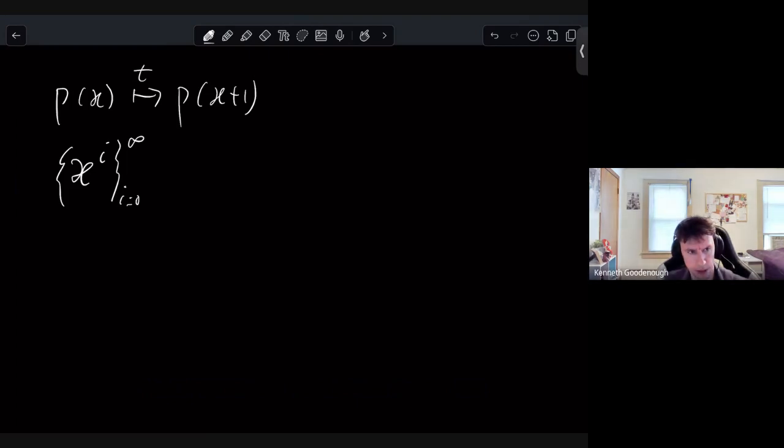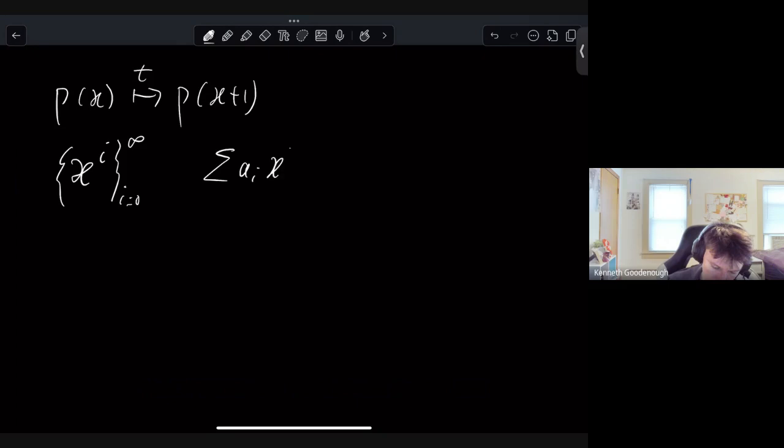And we saw that this translation operator has a very specific action on this basis. Now, last time I looked at a general expression. I wrote down a general polynomial of the form x to the i, and then looked at what the T operator did. But it was at a very specific basis, and we got out something nice.